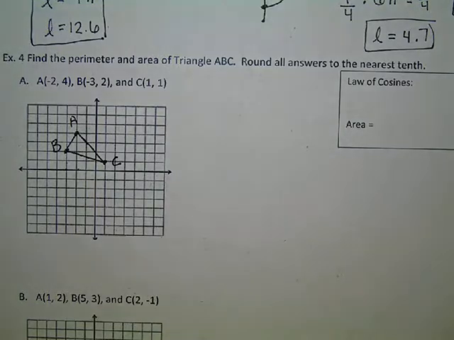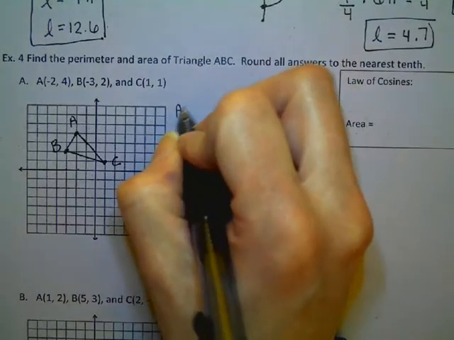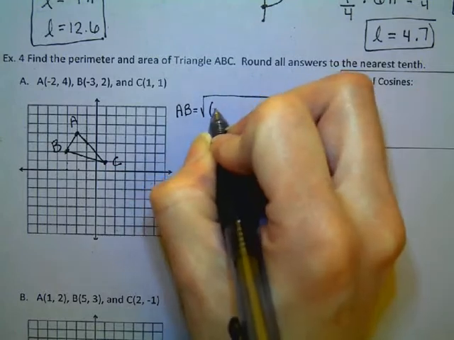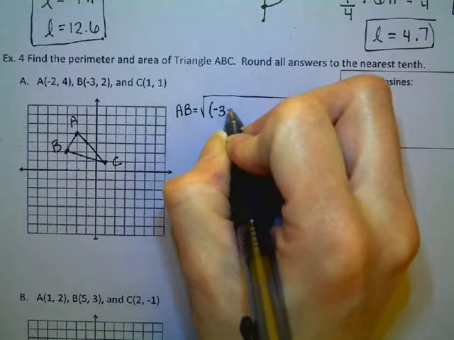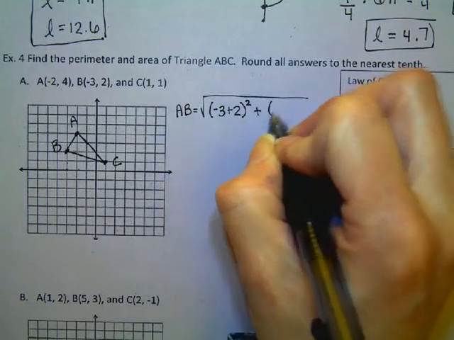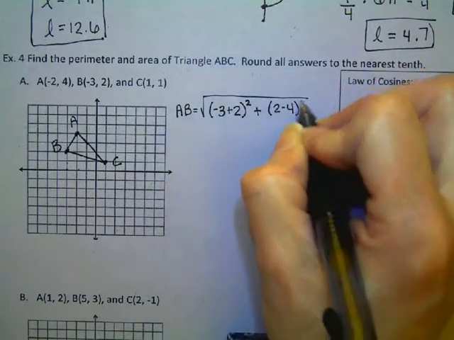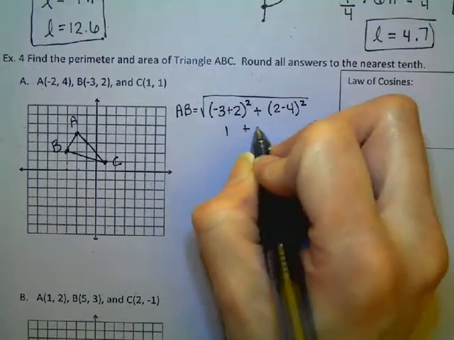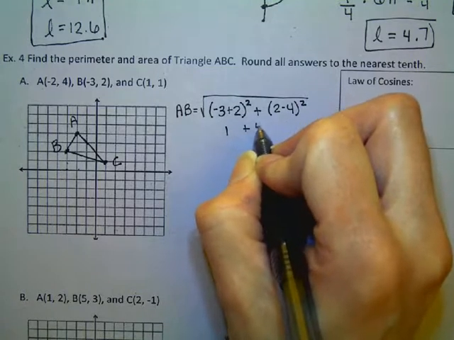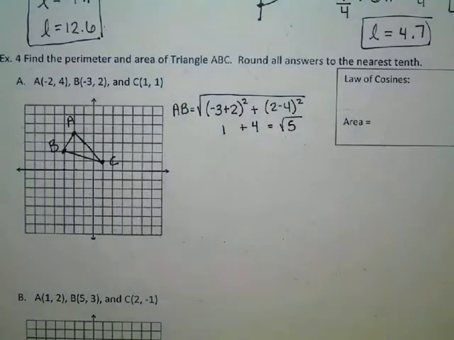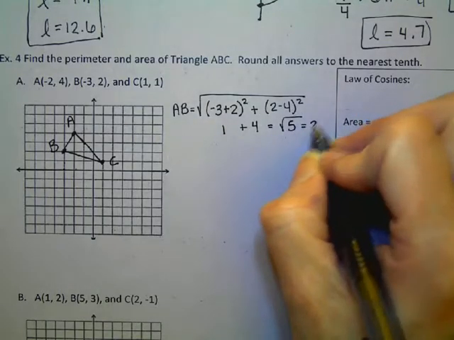So what we're going to do is find all the side lengths, because we have to find the perimeter anyway. So we're going to find the length of AB. Subtracting our x's, I changed it to a plus sign because we were subtracting 2 negatives. Plus negative 1 squared is 1. Negative 2 squared is 4.